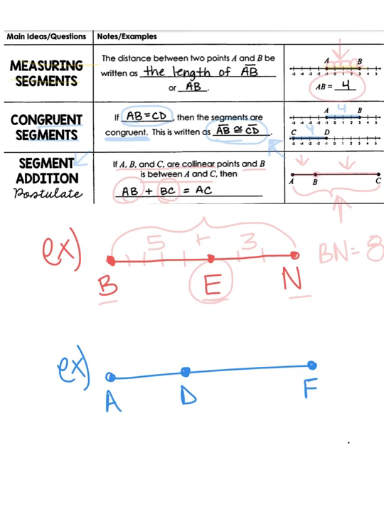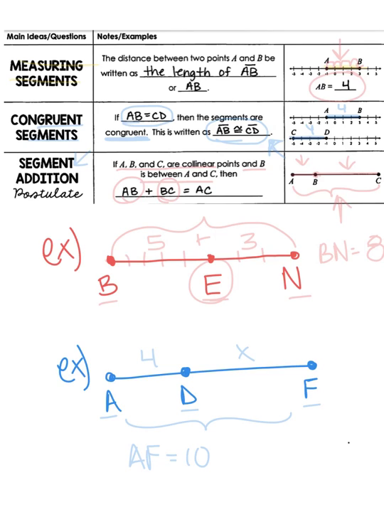Another example would be if I see A, D, and F all on the same line. If I know that AD is 4, and that might be given information, and I know that AF, which is the whole thing, is 10, how could we find this missing value?